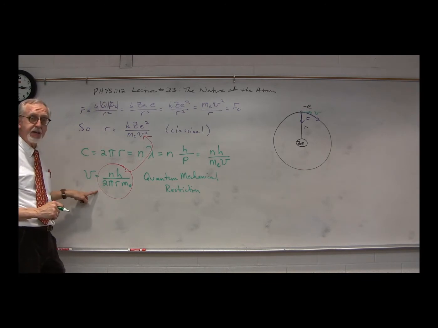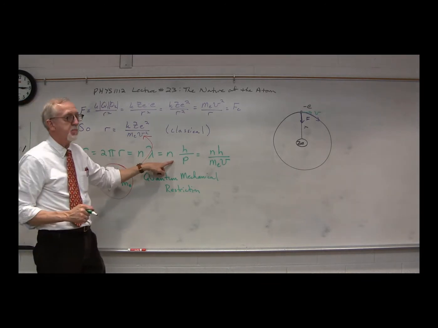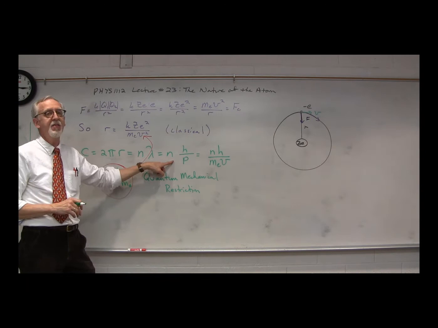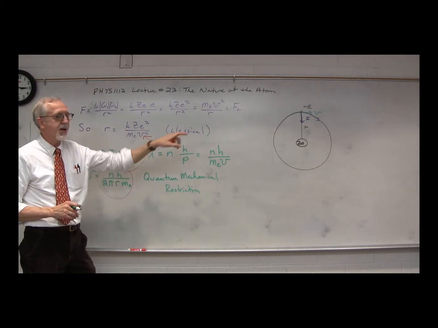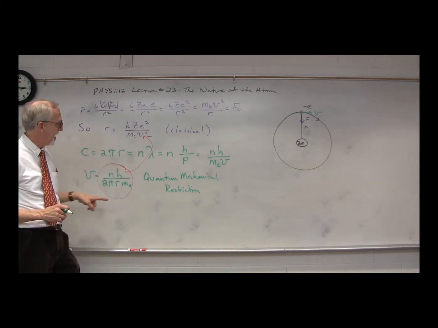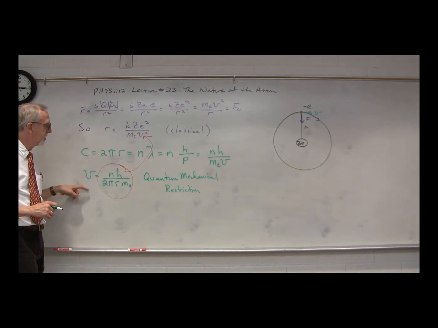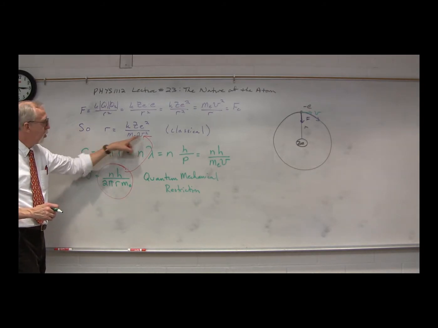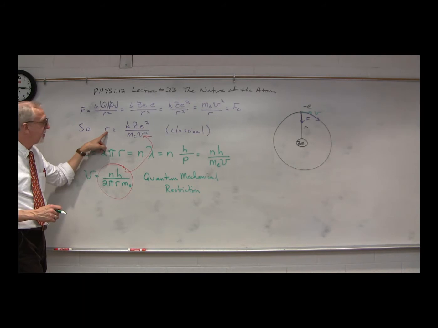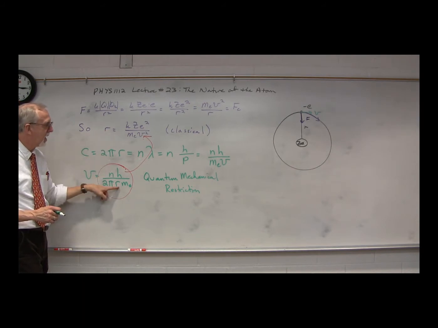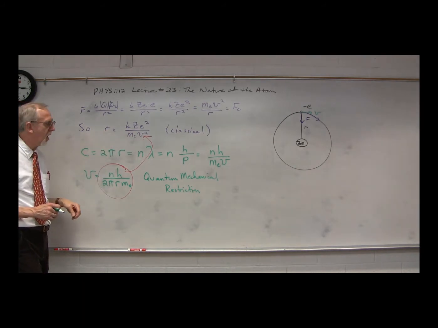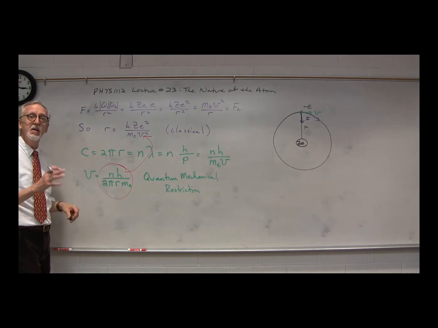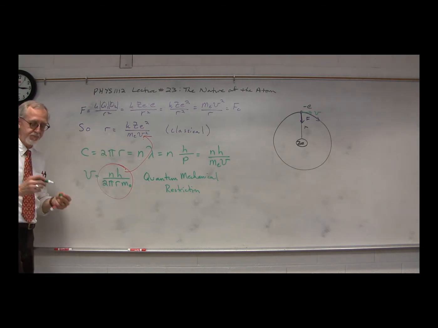This is a quantum mechanical restriction that we get by assuming we can only have a certain number of wavelengths in our orbit. We're going to put these together by taking this result for the velocity, putting it in here, which is going to give us an equation with r on the left side and r on the right side. I'll solve that for r, and then we'll find what r is in terms of these other quantities.